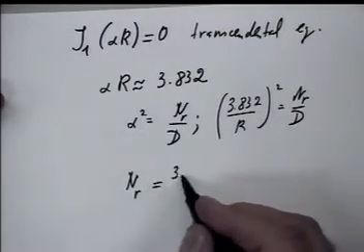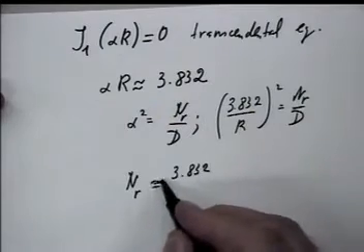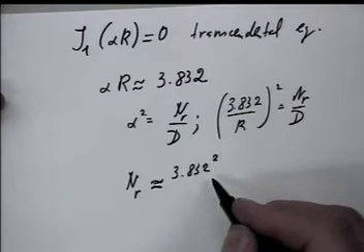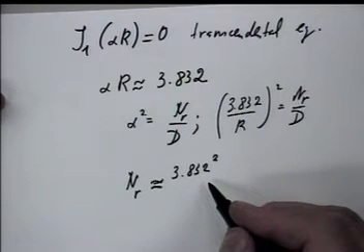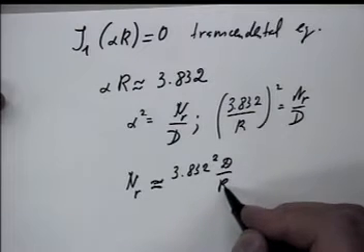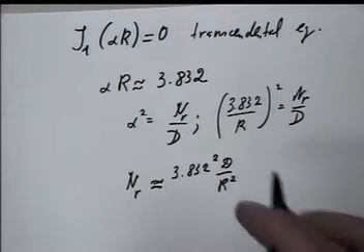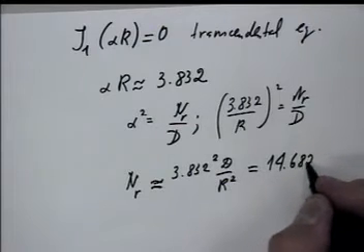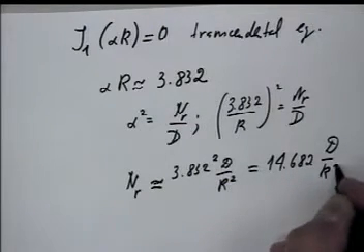NR is 3.832, that is approximate because it is an approximate root, squared, D over R squared. And that equals 14.682 D over R squared.